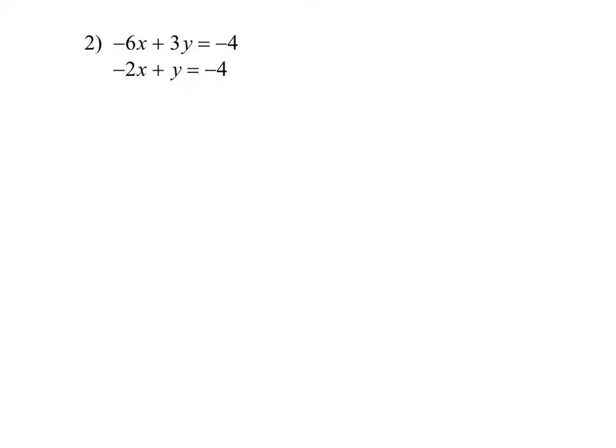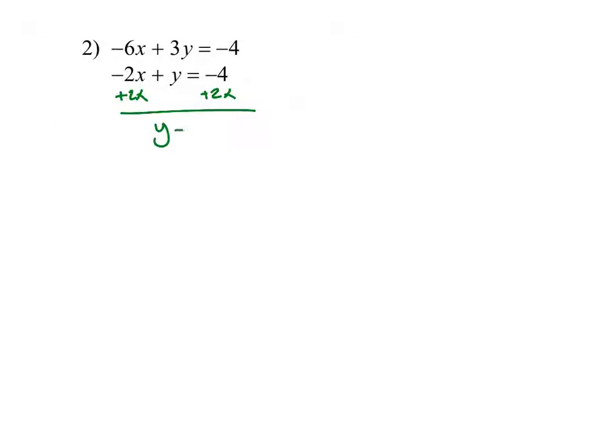The next one: I have negative 6x plus 3y equals negative 4, and negative 2x plus y equals negative 4. Let's solve that second equation for y. It does not always have to be y, but this case is going to be easy. I add 2x on both sides, so y equals 2x minus 4.